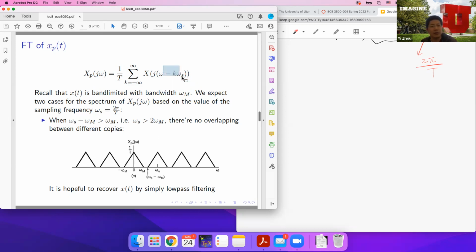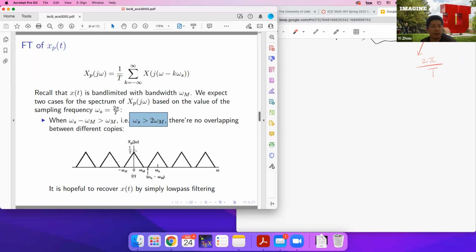In particular, the gap between two consecutive copies is omega_s, determined by the sampling frequency. Depending on the relation between the sampling frequency and the bandwidth of the underlying signal, we have two scenarios. The first scenario is when the sampling frequency is bigger than 2 times the bandwidth of the signal.